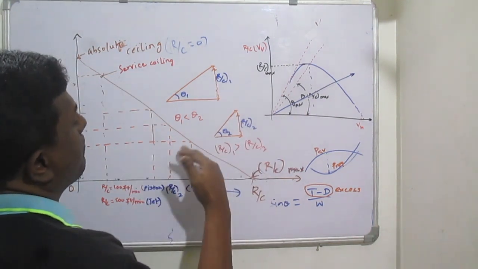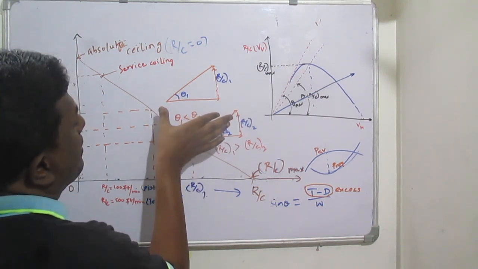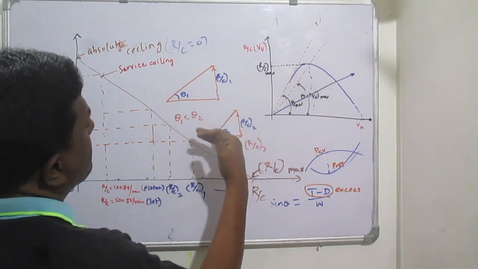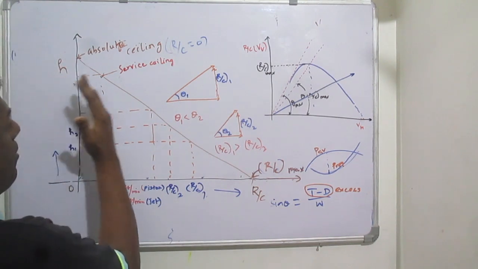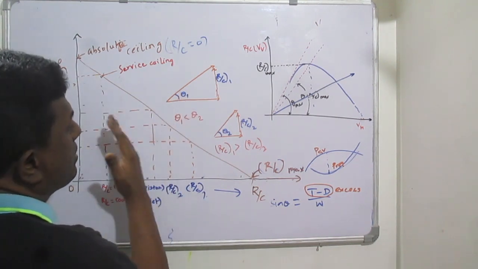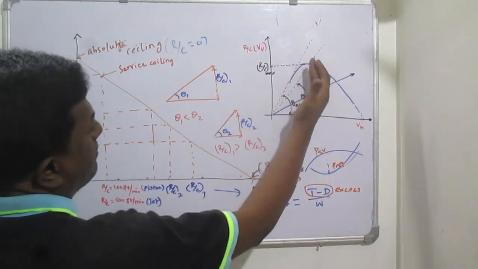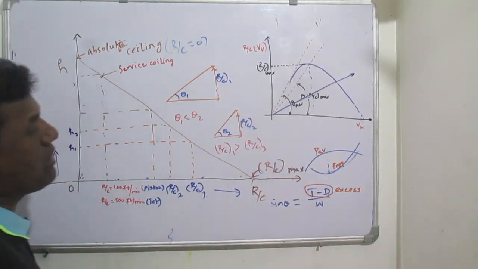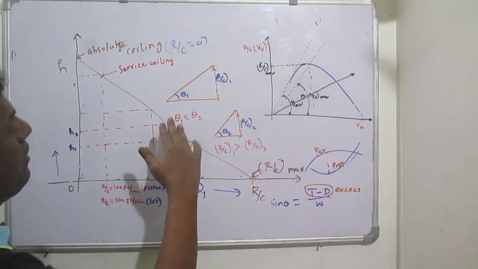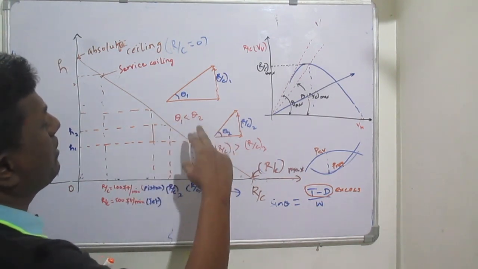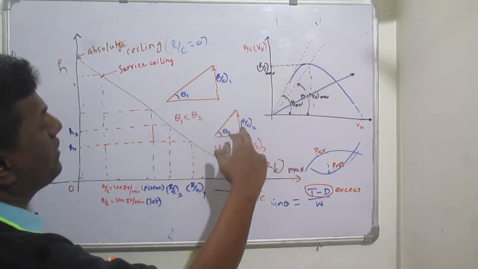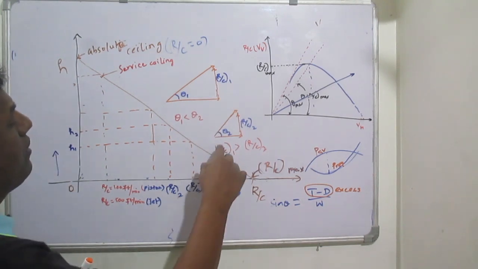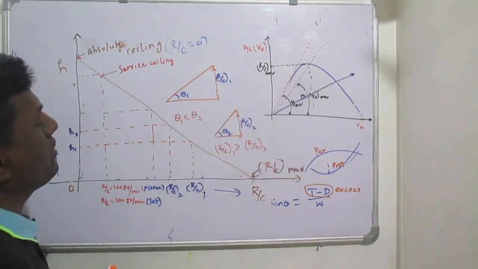That is what we have to understand. The statement we made is proved from both graphs. I hope this is clear: why do we have a lesser rate of climb for the higher climb angle.